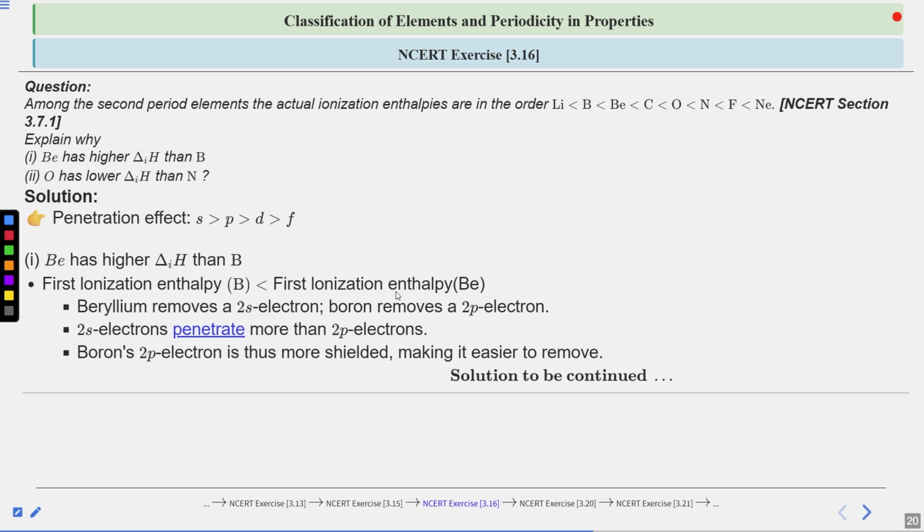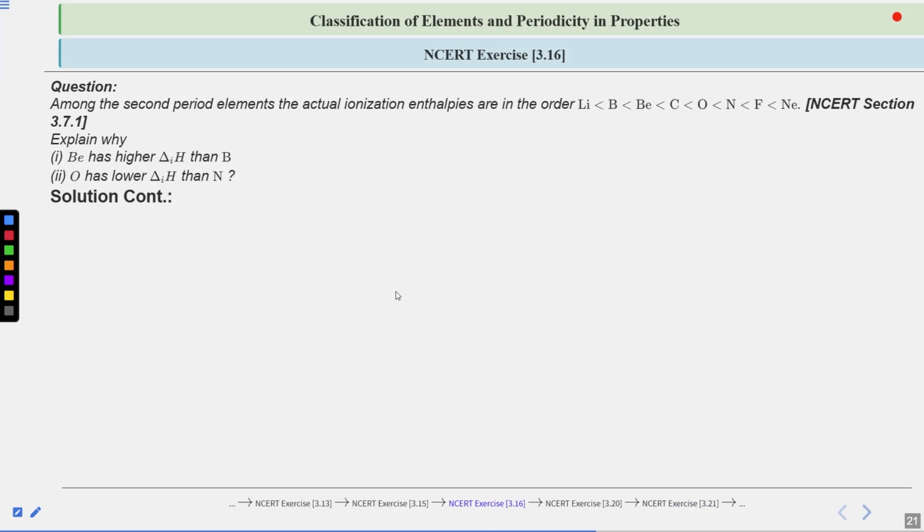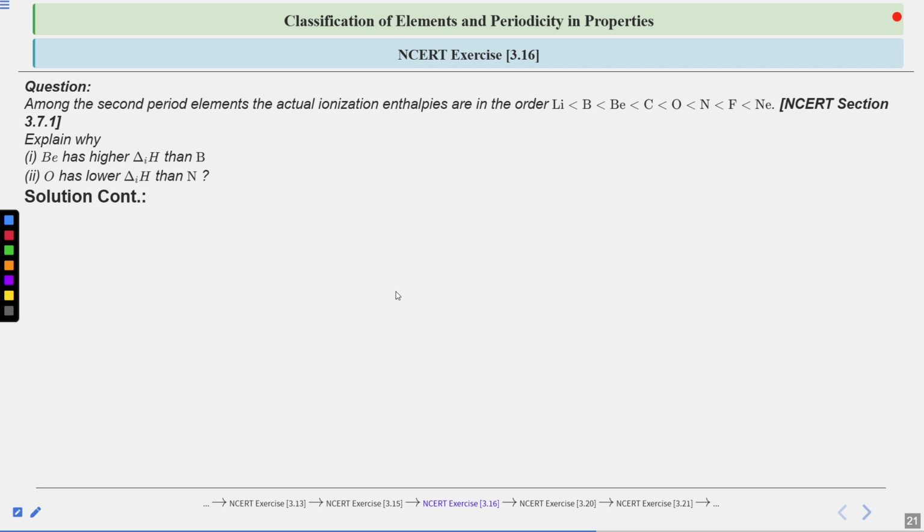Now, moving on to the second anomaly. Here you can give the reason of half-filled subshell, because your p electron has a position to exchange its position and give out the exchange energy and hence stabilize it. So, here the reason would be the half-filled subshell. Remember this half-filled is only applicable to p and higher subshells, not to the s.